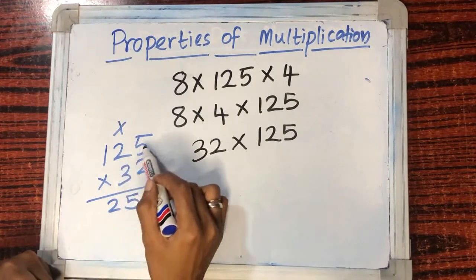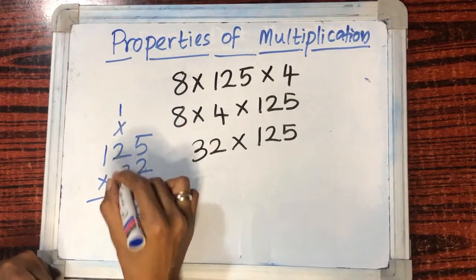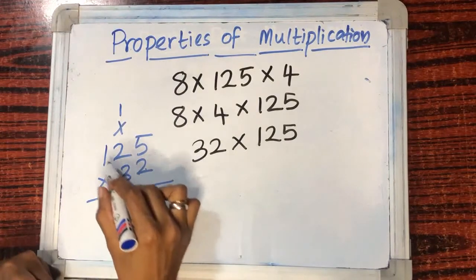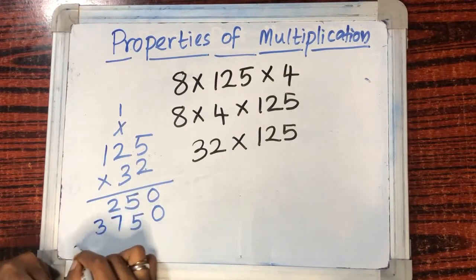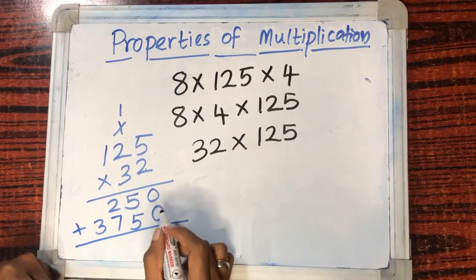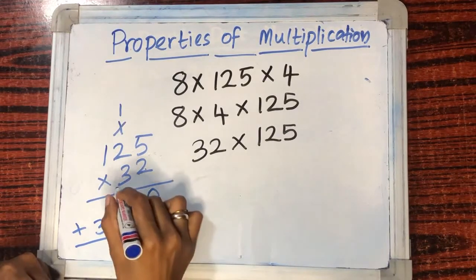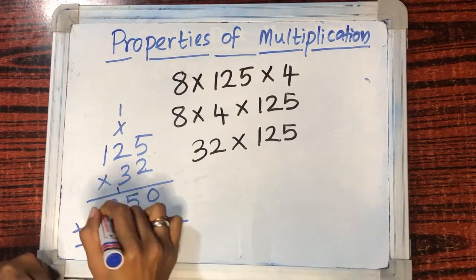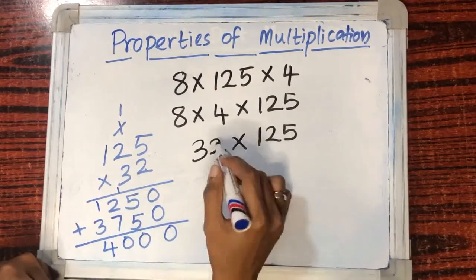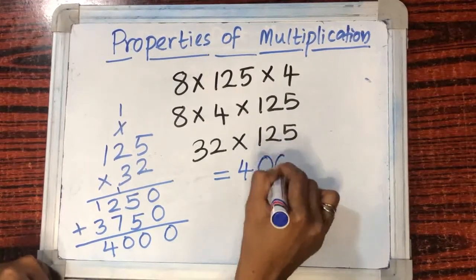So 3 times 5, 15. 3 times 2, 6 plus 1, 7. 3 times 1, 3. Now we add. 0, 10, 10, 4. So the final answer for 32 times 125 is 4,000.